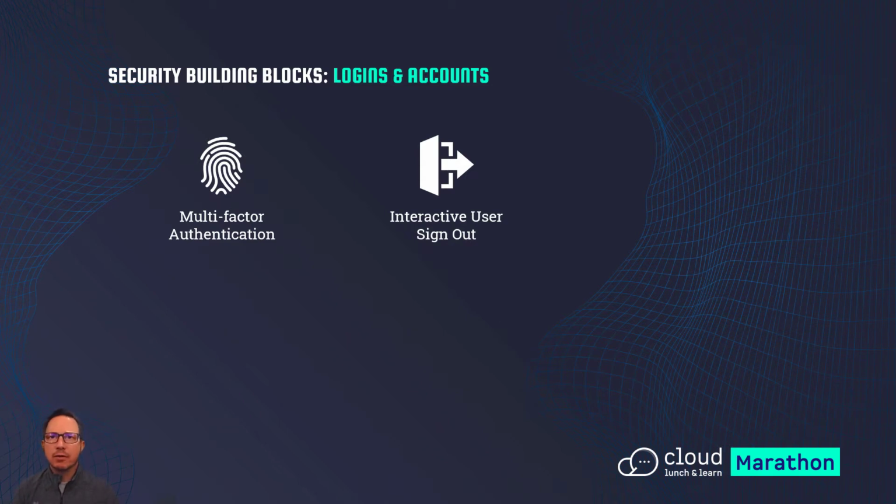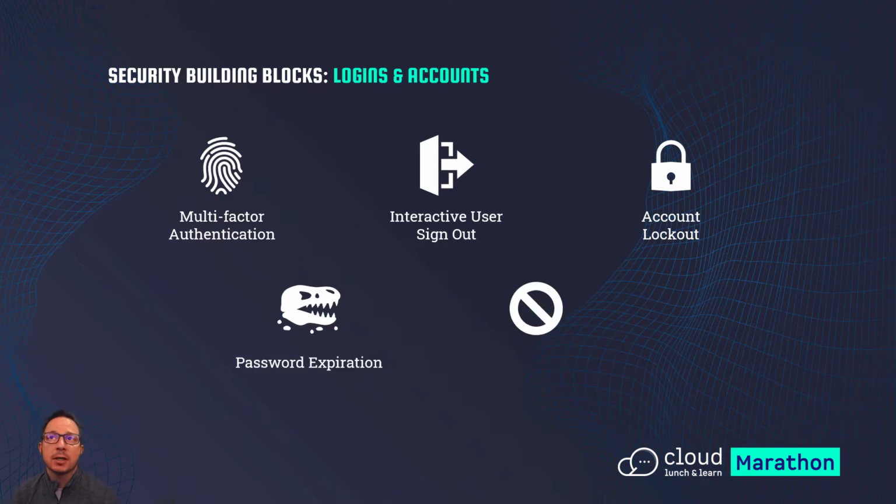This has been around for a long time, but it is the ability to sign users out after inactivity of a certain amount of time. Of course, account lockout is quite common. Then, of course, we have password expiration. And then we have banned passwords. So for logins and accounts, we have 5 specific protections that we can utilize to help us protect better in Microsoft 365.